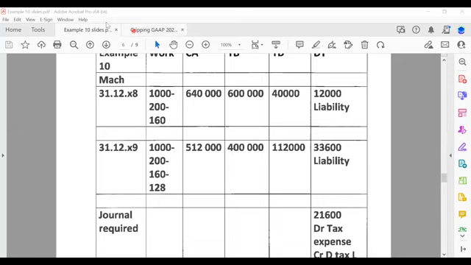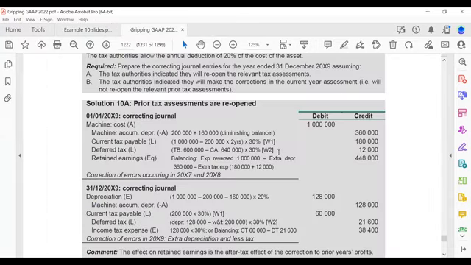So if we look at our completed journal now, if you look at your textbook, and if we focus now on the current year, here's our depreciation of 128. Here is our reduction of our current tax payable.